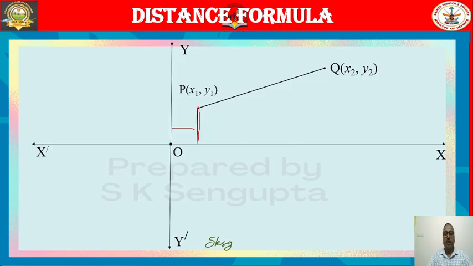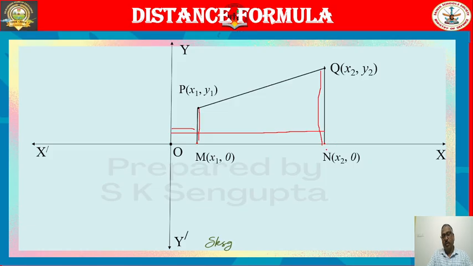So we draw perpendiculars from P on the x-axis as well as from Q on the x-axis. PM is perpendicular on the x-axis, so the coordinate of M will be (x1, 0). This distance is x1 and this distance is y1. Similarly, the distance of Q from the y-axis is x2, and from the x-axis is y2.